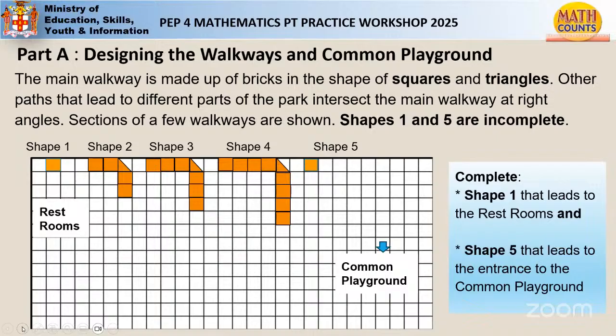Shape 2 is complete, shape 3 is complete, shape 4 is complete, and shape 5 is not complete. So what I want you to do for me is to tell me what you notice by looking at the paths that are already completed. Do you notice anything? Is there anything that stands out to you based on what is showing here?